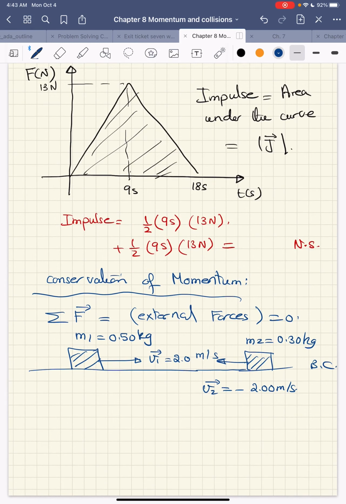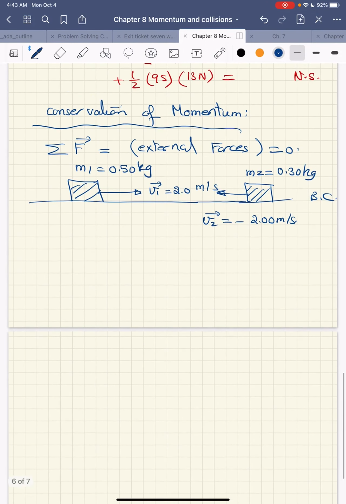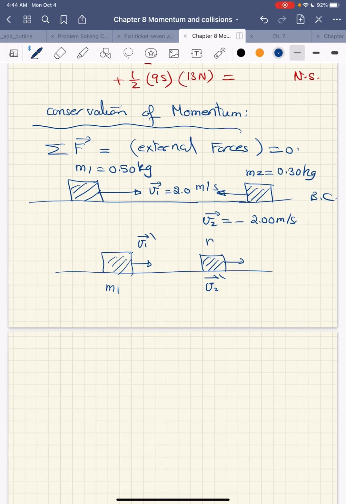And then I want to find, this is mass 1, what is my V1 prime, and this is V2 prime, which is mass 2, and this is after collision.